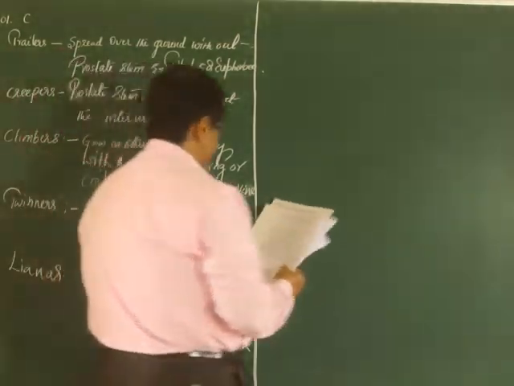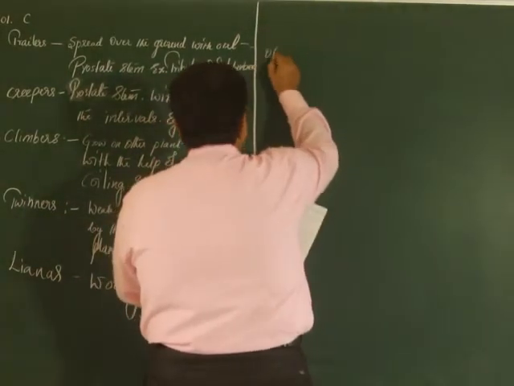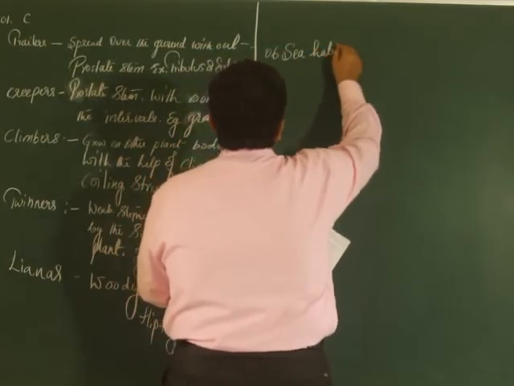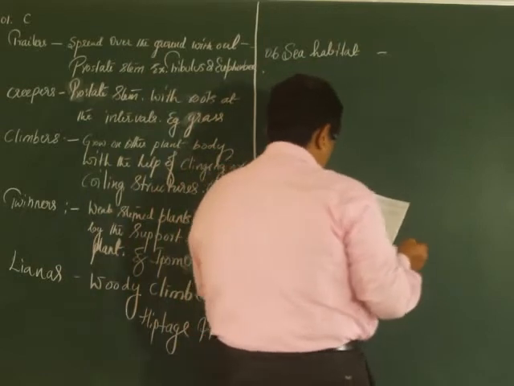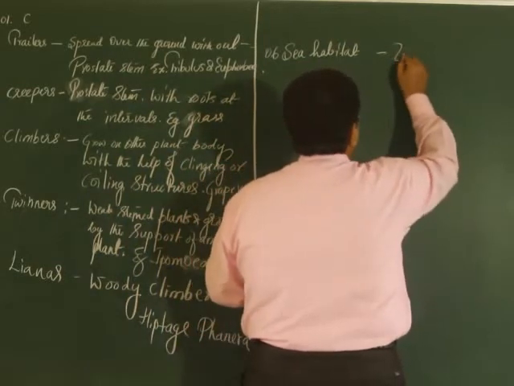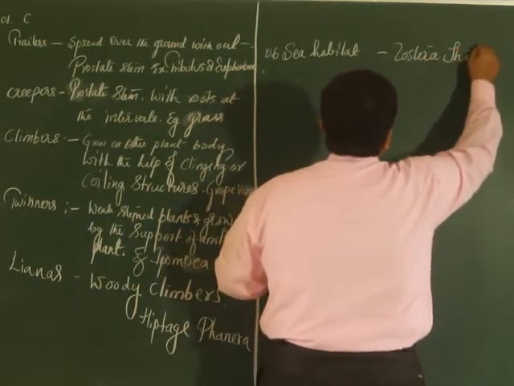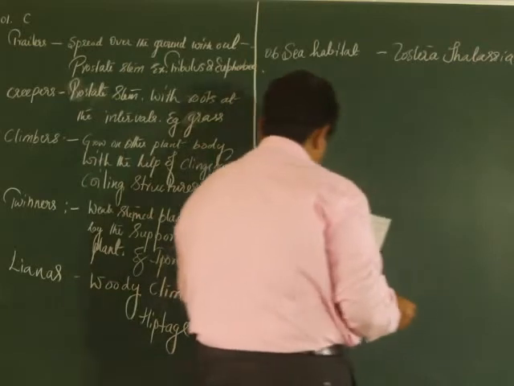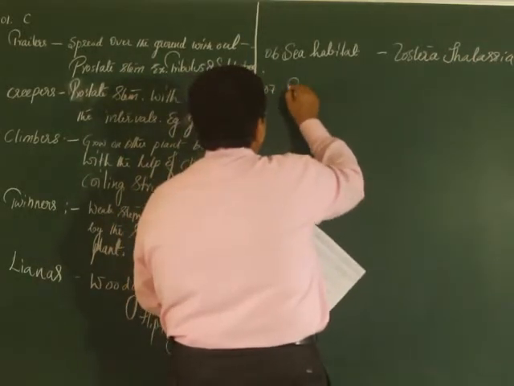And in sea habitat, the following plants they observed. Zostera and Thalassia. Freshwater plants.